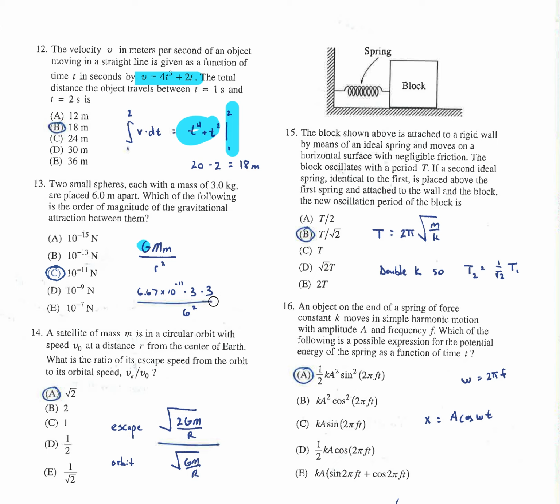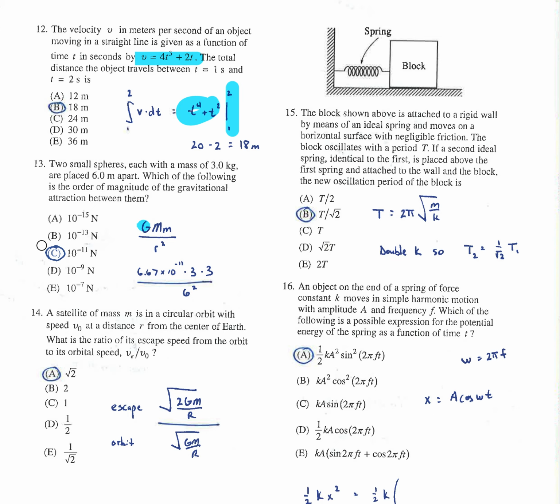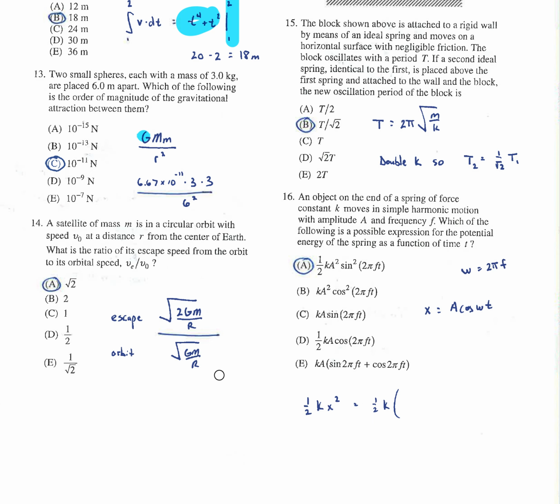Basically, you're just saying that 3 times 3 is 9. 9 over 36 is just like a fourth. A fourth and a 6 kind of cancel, and you're left with that 10 to the negative 11th in terms of the order of magnitude. It's pretty much something close to 10 to the negative 11th, which now you have your calculator for all of these, so this question would probably be more of a double, triple question rather than a numeric question.